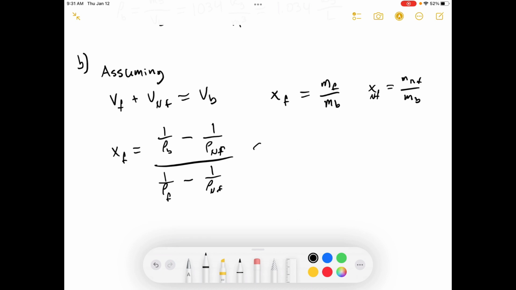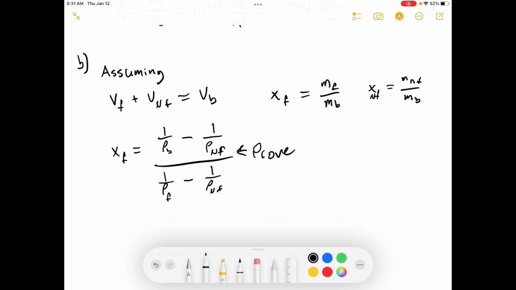So we need to prove this, where density B, density F, and density NF are the average densities of the whole body, the fat component, and the non-fat component, respectively. And then it gives us a suggestion of how to start doing this problem.